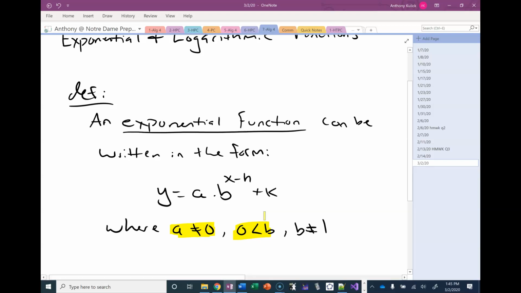Well, let's think about this for a moment. Where is the variable in our function? It's in the exponent, right? So that variable could have any value. So it could have a value like 1/2, right? What is an exponent of 1/2 the same as?